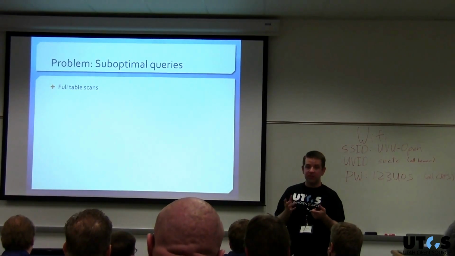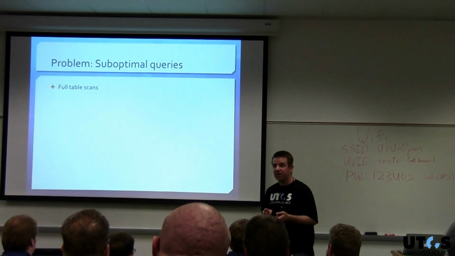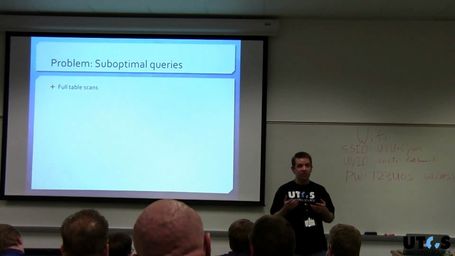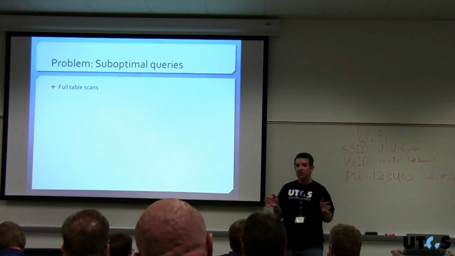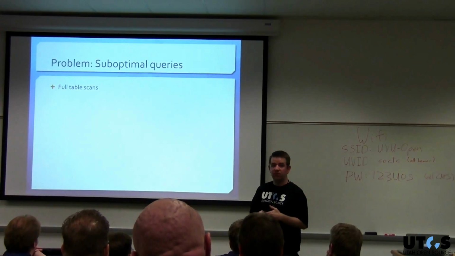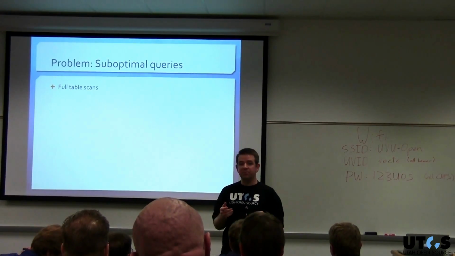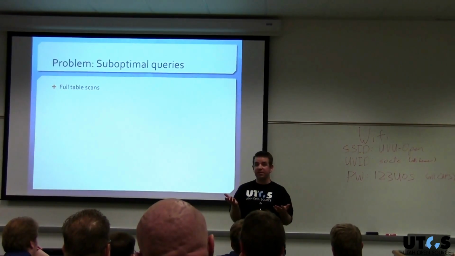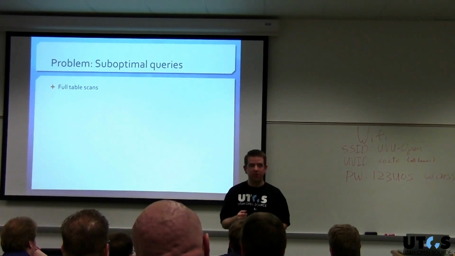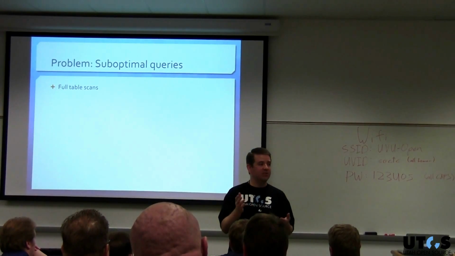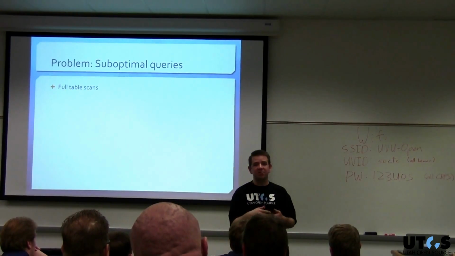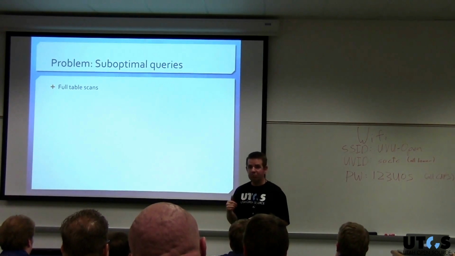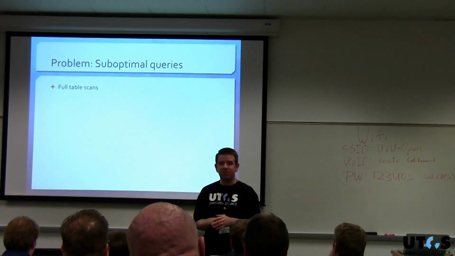Either your index for some reason can't be used, or you don't have an index at all for it to use. Now, there are some cases where it's actually useful to do a full table scan. For example, if you have an index on a column that's basically a Boolean, 0 or 1, MySQL will almost never use that, because it's practically useless.